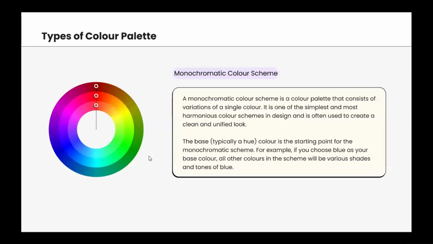Now, we can have different types of color palettes. We can have the monochromatic color palettes. It's basically combining colors that are on the same variation of color. So we can combine a blue hue with a tint or a tone of blue.